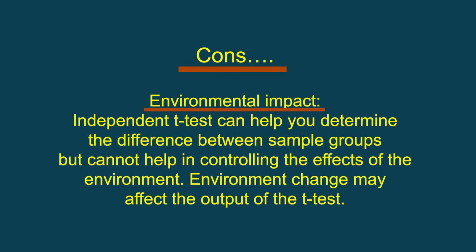Independent t-test can help you determine the difference between sample groups, but cannot help in controlling the effects of the environment. Environment change may affect the output of the t-test. Suppose we want to compare the working ability of two groups of individuals. Say one group of individuals residing in hill areas and the other group in plain land.